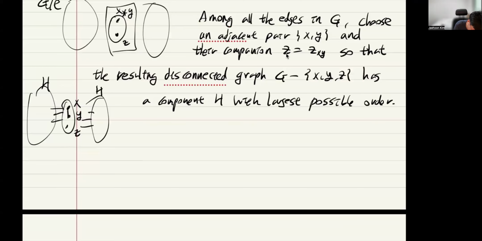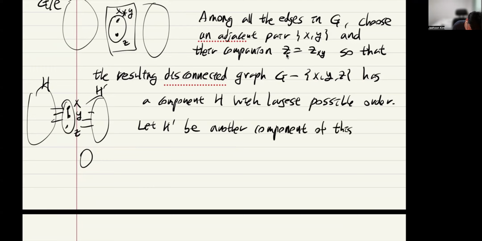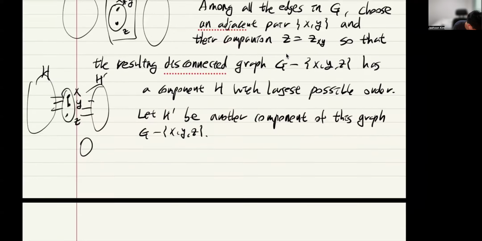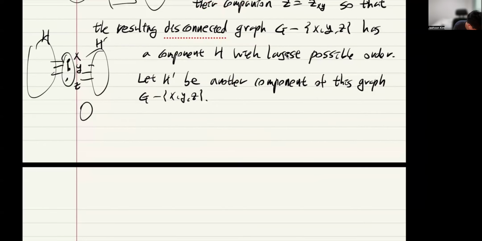And let's say the other one is H prime. So let H prime be another component. There could be a third one, but let's say it is another component of the graph G minus x, y, z. Then what do we know?